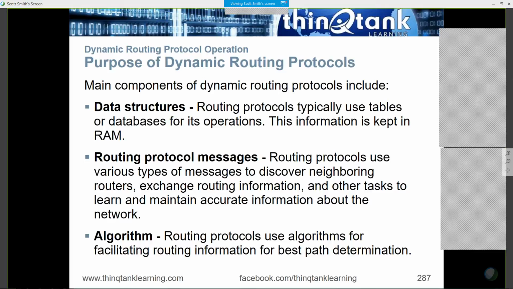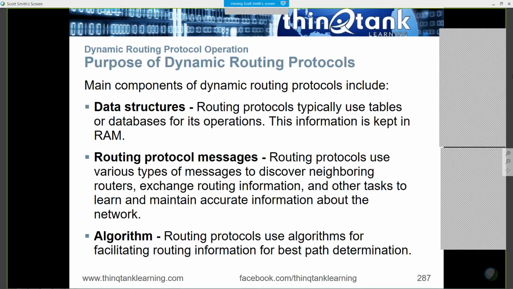So if I'm an EIGRP router and you're a neighbor and you're a neighbor, you guys are my information sources. You're the ones providing me routing information that I don't know about. That's the third data structure, a database of all my information sources. That data structure is called a neighbor table. You don't have to write all this down because we're going to see a specific reference to each of these data structures as we start to get into the protocols in detail.